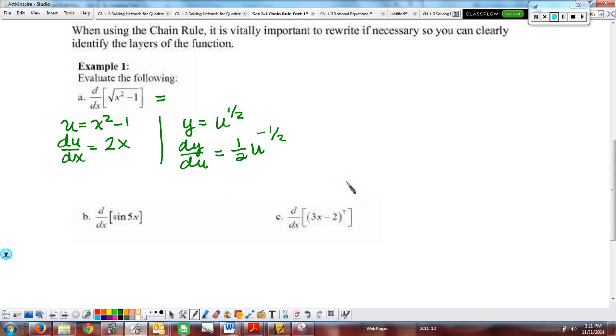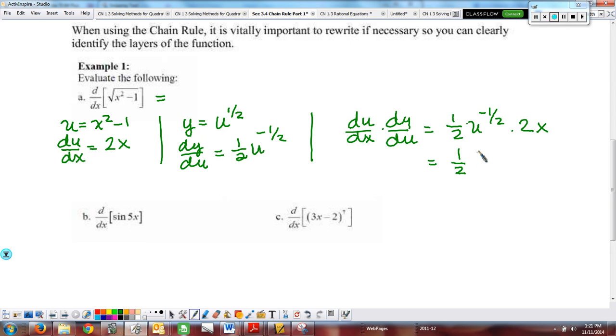Then I put my chains together: du/dx times dy/du is going to be 1/2 u to the negative 1/2 times 2x. But then you have to remember to put your u back in. So we get 1/2 times x squared minus 1 to the negative 1/2 times 2x.